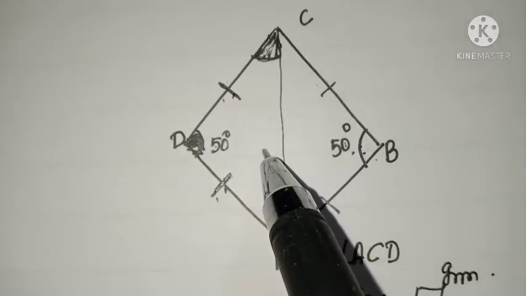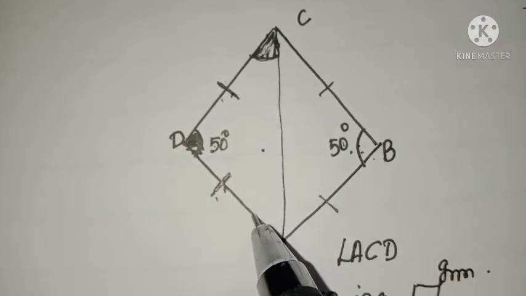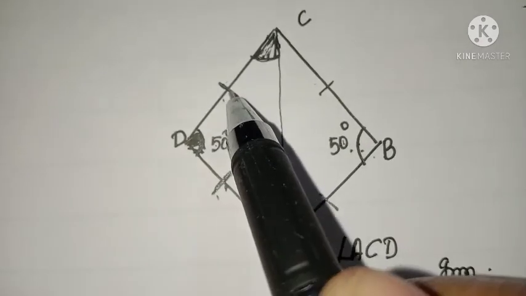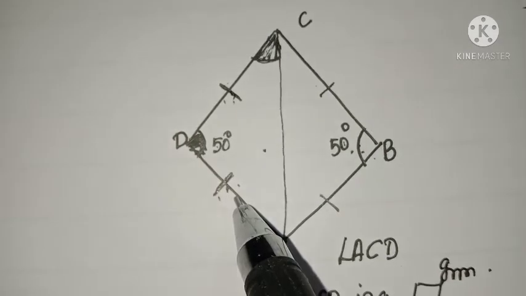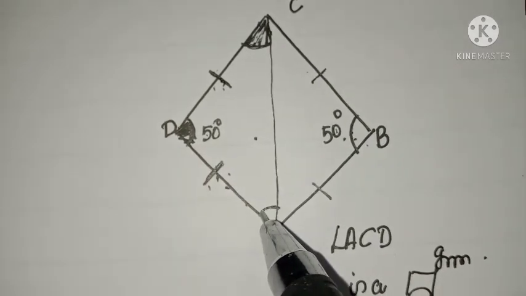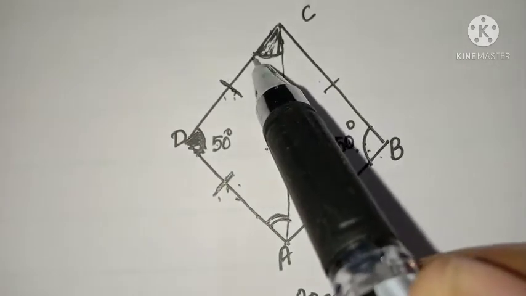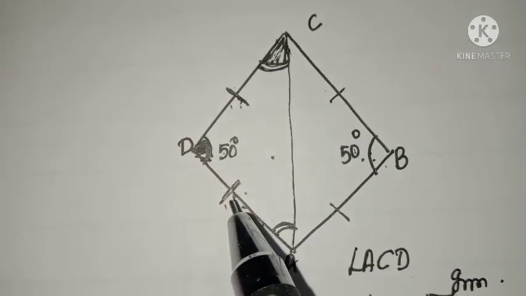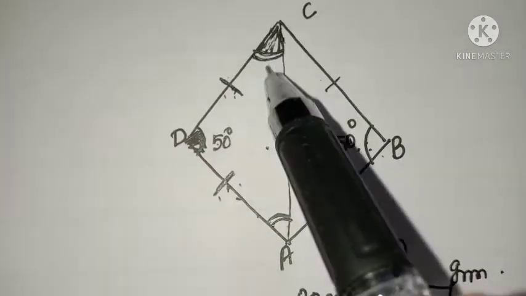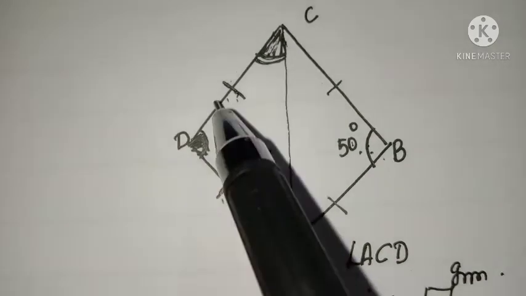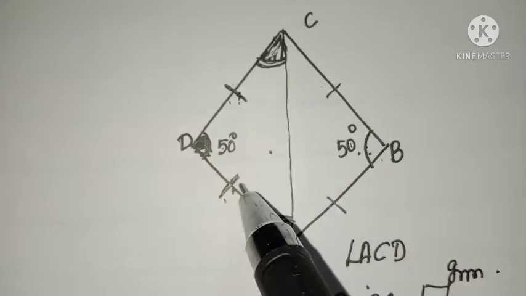Listen, in the triangle ACD, AD side and DC side are equal and therefore angles opposite to equal sides are equal. So these two angles are angles opposite to these two equal sides.